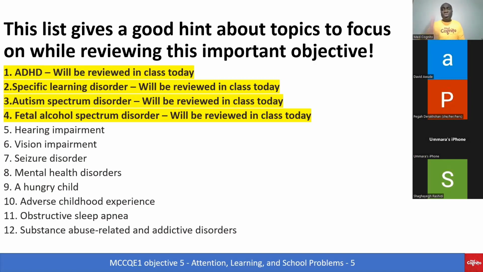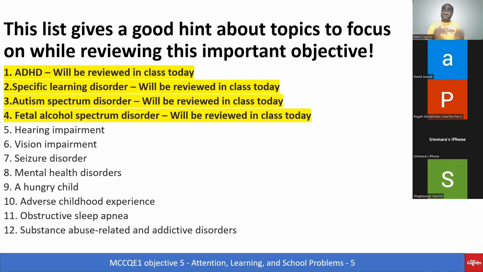Hearing impairment, we usually cover that under ENT. Vision impairment, we cover that under ophthalmology. Seizure disorder, we cover that under neurology. Mental health disorders which cause children to have attention and learning problems, we cover that under psychiatry. A hungry child, we cover that under abuse and psychosocial issues.